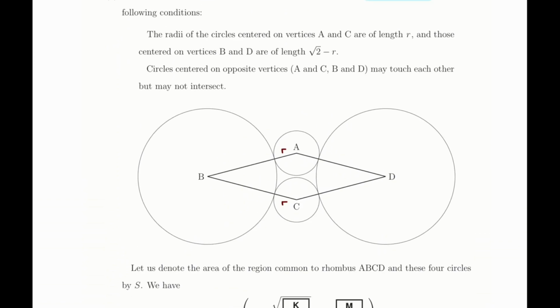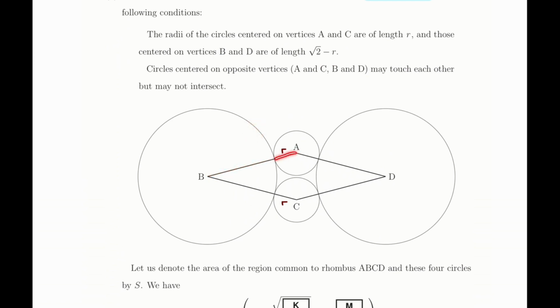And then the circles on vertices B and D have radius square root of 2 minus R. Makes sense, yeah? Because your rhombus has side length square root of 2, remember from our previous question.